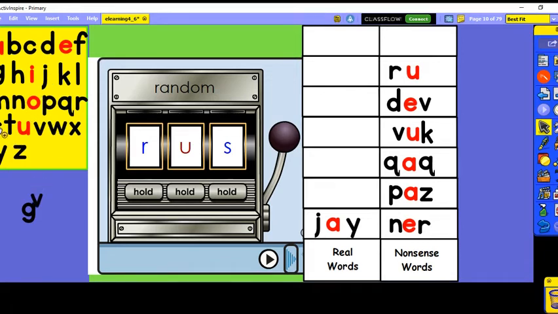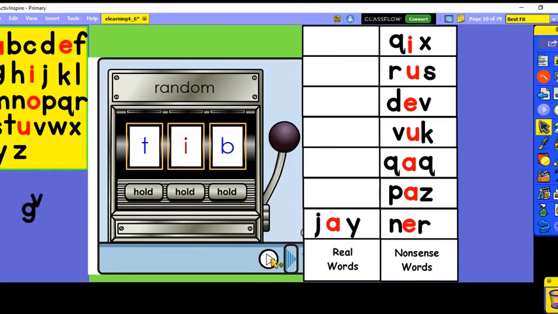Quicks, definitely a nonsense word. So we know usually Q and U go together. All right, we've filled up our nonsense word column. Let's do one more.